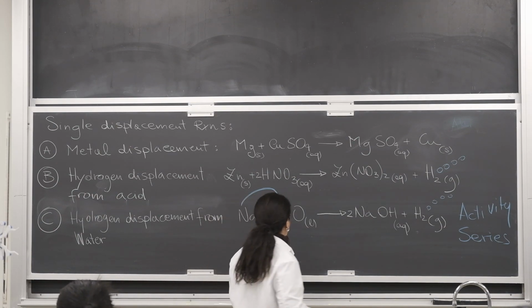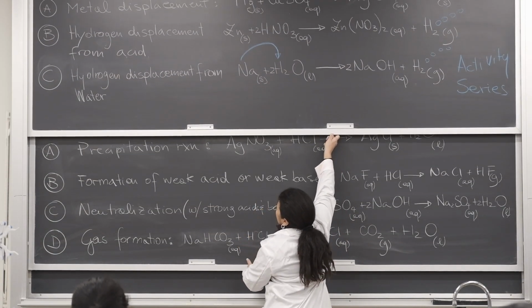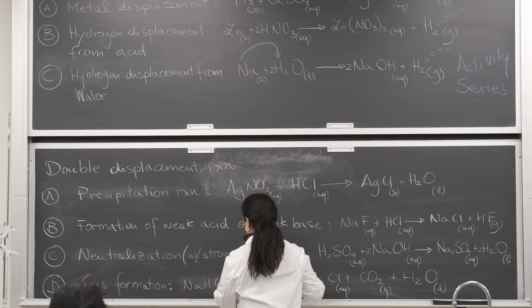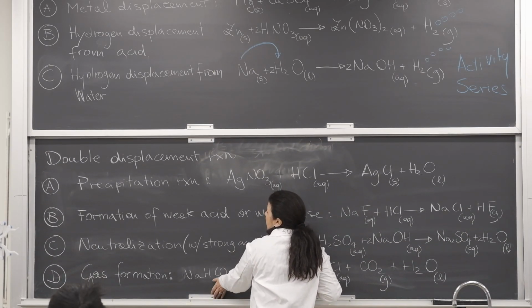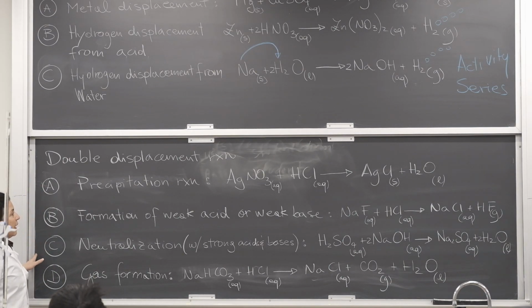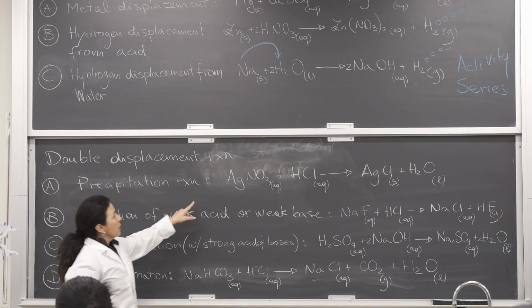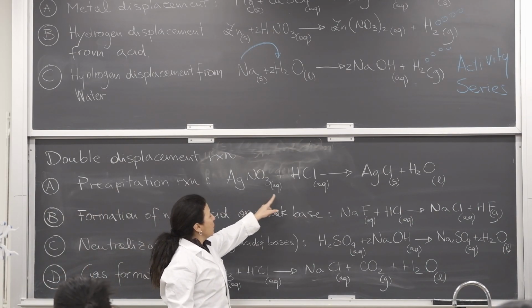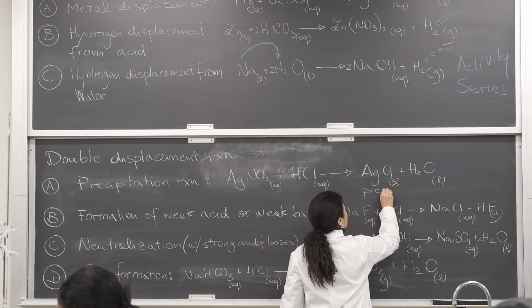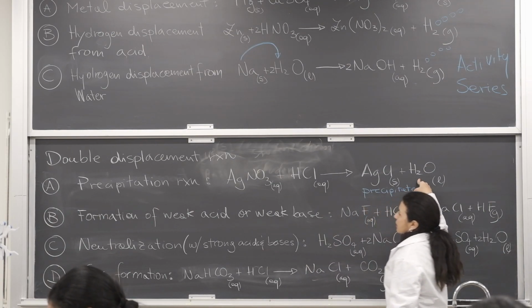Okay, the other set of reactions that we're performing are double displacement reactions, okay? And we can have 4 types of reaction that we're going to study today. Precipitation reaction. So we have silver nitrate with hydrochloric acid that gives a precipitate plus water.